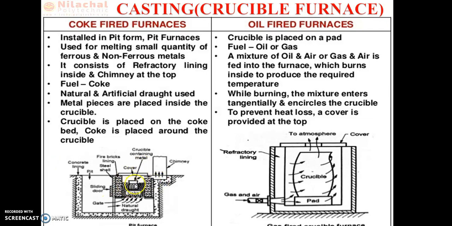So after the metal inside this crucible is melted, that means it has come to the pouring temperature, we open this cover, and with the help of tongs, this whole crucible is taken out of the furnace and placed in the area where pouring is conducted.